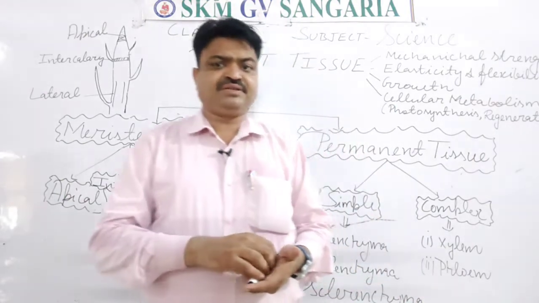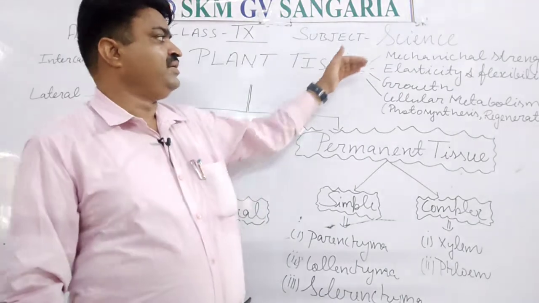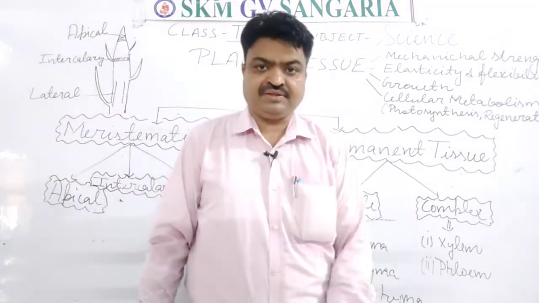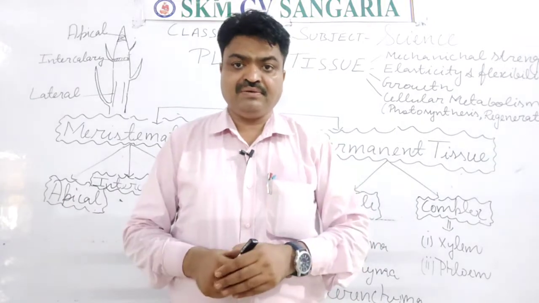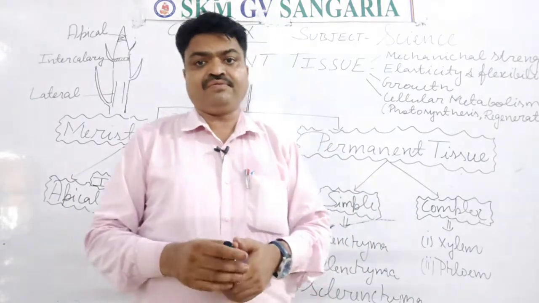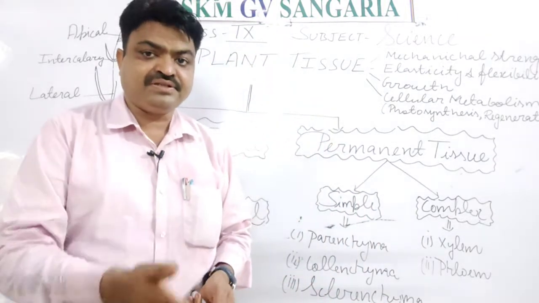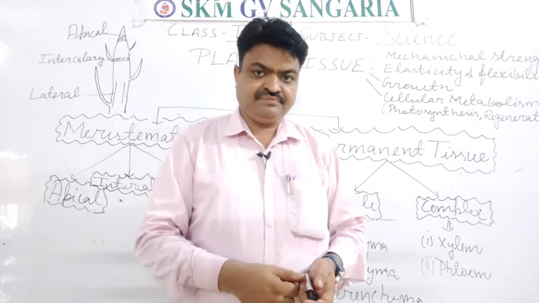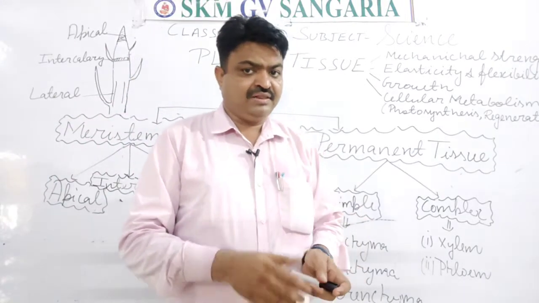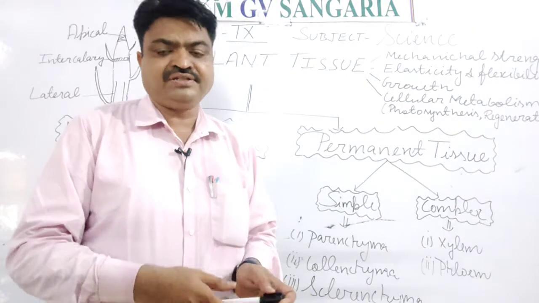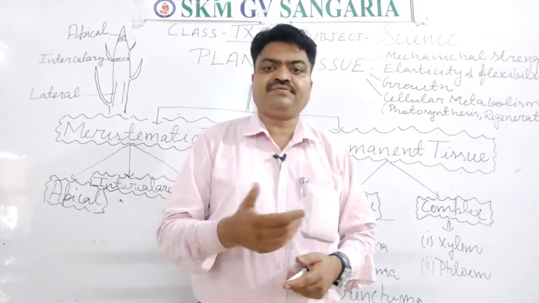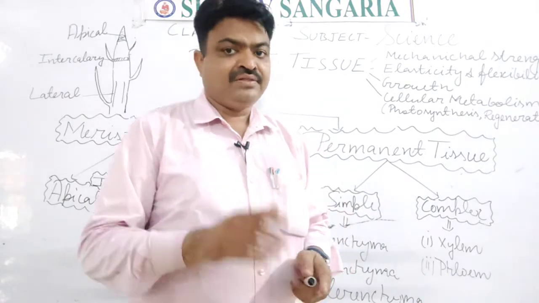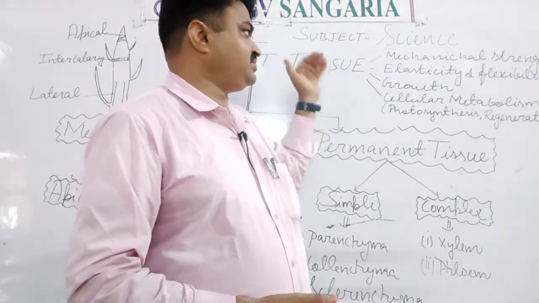Like the first function that they do, student, it is mechanical strength. They provide mechanical strength to the plant in the form of flexibility, rigidity and elasticity. These are the characteristics that are found inside the plants, and all these characteristics are provided by the plant tissue.